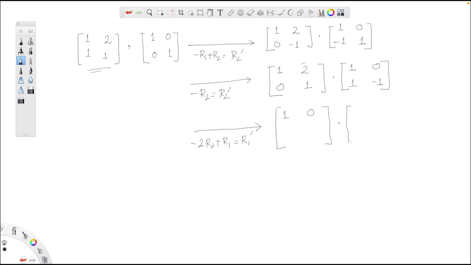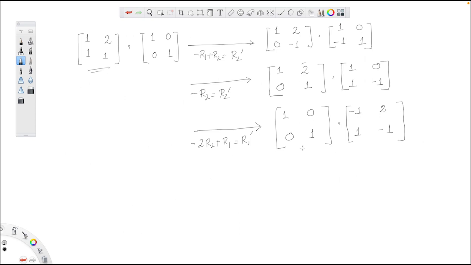And this guy is going to be minus 2 multiplied with 1 is minus 2, and minus 2 added to plus 1 is minus 1, right? And then when I multiply this with minus 2, it becomes a plus 2, and when I add this plus 2 with 0, I end up with 2. And the first row stays the same.